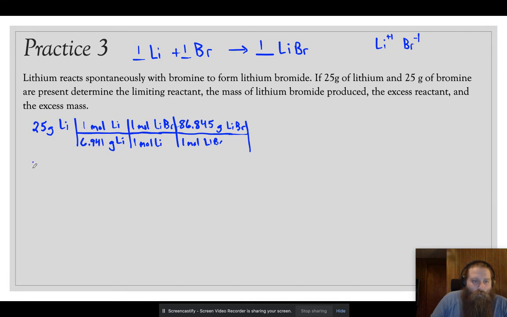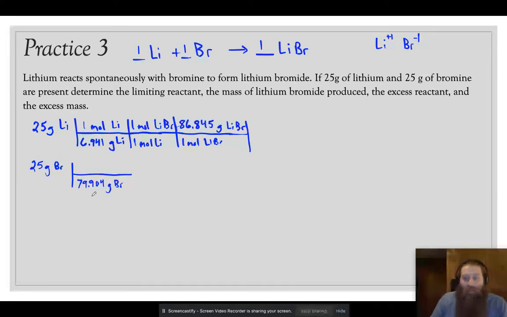Now let's look at bromine. 25 grams of bromine. So bromine's a heavy halogen. It weighs 79.904 grams. 25 divided by 80 is a fraction. So while the number up here is going to be larger than 86, this number is going to be smaller than 86.